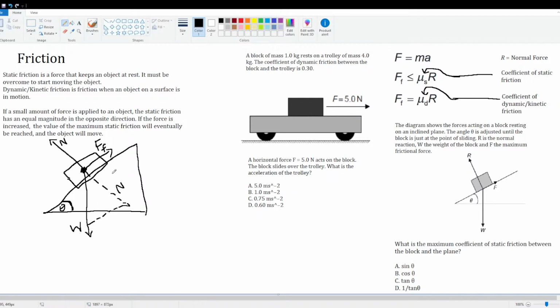And this is all imaginary, but we can do this because we know what N is, and we know what the force of friction is, and it's pretty much the same thing as doing this. We could also just do this and call this W from there to there. But anyway, once we do that, this angle here is going to be the angle that's in here.